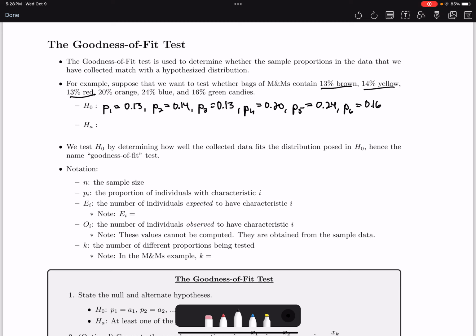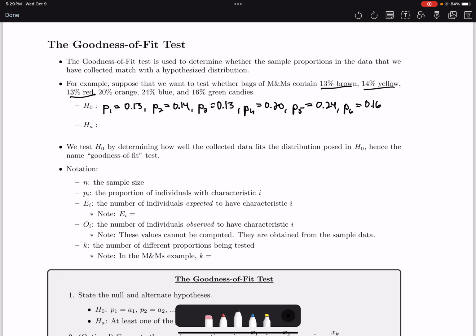And there are lots of ways that the null hypothesis could fail to be true. It could be the case that P1 and P3 are different, but the other 4 proportions are all the same. Or maybe all of the proportions are wrong. Or maybe 3 of them are wrong. Maybe P5 and P6 are wrong, but the rest of them are good. So there are all kinds of ways.